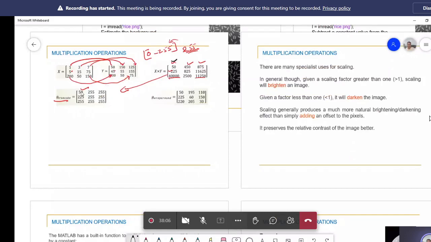For 450, it is greater than 255, so take 255 only. Again this will remain the same. All these are greater, so 255, 255, 255, 255, 255. Is that clear?